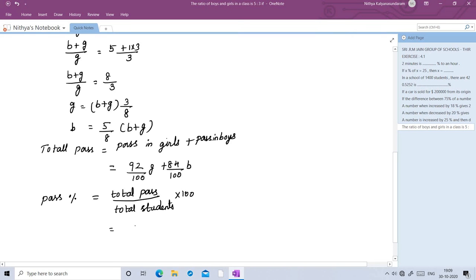So the total pass is 92 G by 100 plus 84 B by 100, divided by the total students, B plus G, into 100.